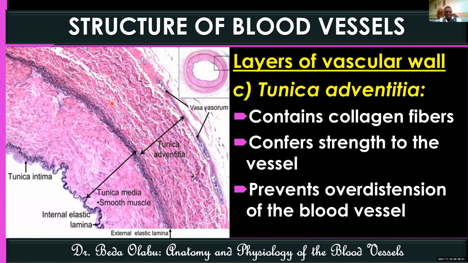In larger blood vessels, the tunica adventitia will contain some smaller blood vessels. The small blood vessels within the tunica adventitia of large blood vessels are known as vasa vasorum. So things like aorta will have vasa vasorum.